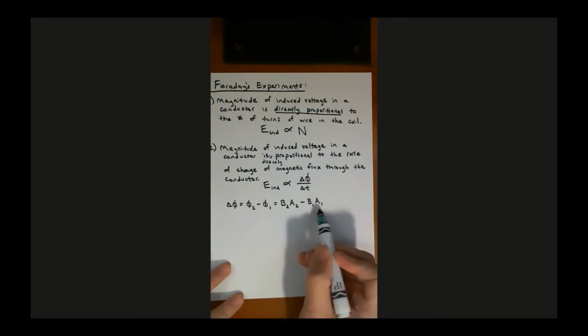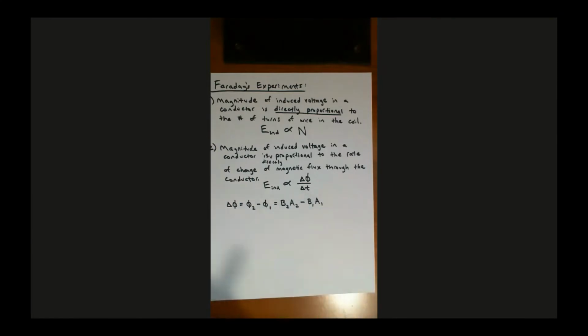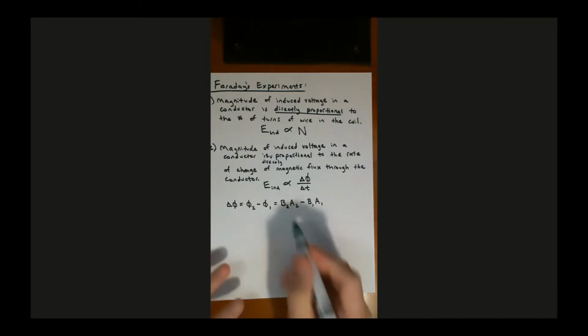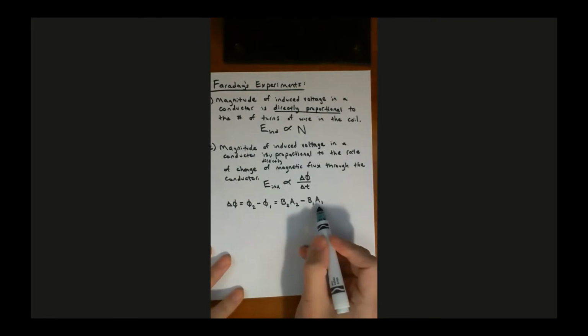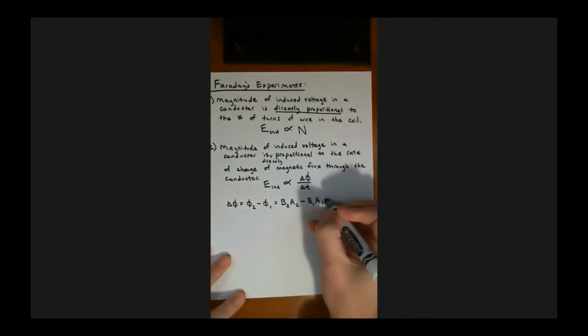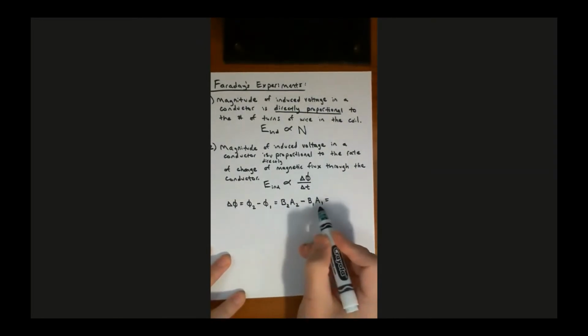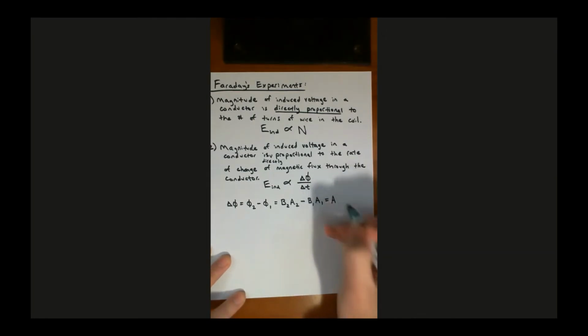The thing to pick out here is that the shape of the coil is not changing. We're not bending or deforming the coil of wire as we're moving it around inside the magnetic field. So A2 is the same thing as A1. Let me just call that A, and I'm going to factor that out. So this term is equal to A times (B2 minus B1).